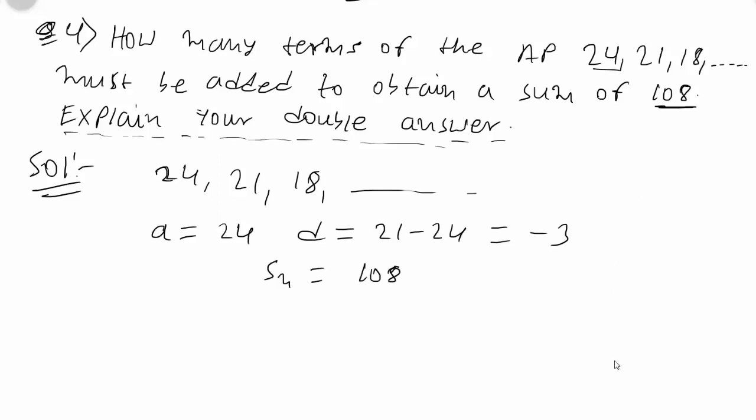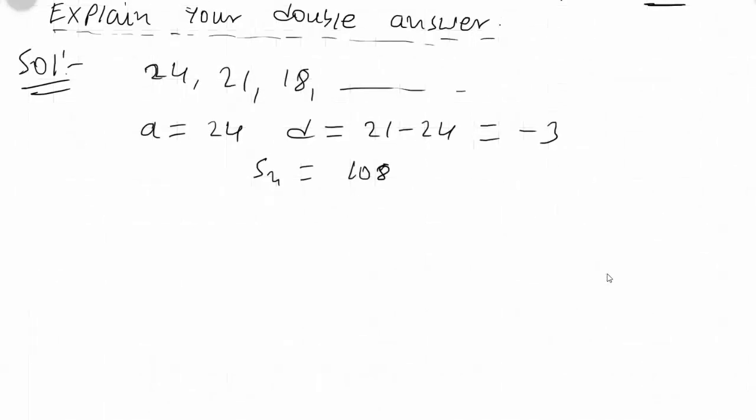So we'll write the formula for Sn, put all the values in that formula and try to evaluate the value of N. Whenever the sum is given and you need to find N, keep this in mind, you will get a quadratic equation and you will have to solve it. So you will get two values of N, and that's why they have asked to explain the double answer.